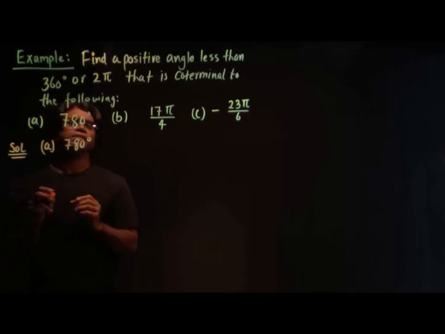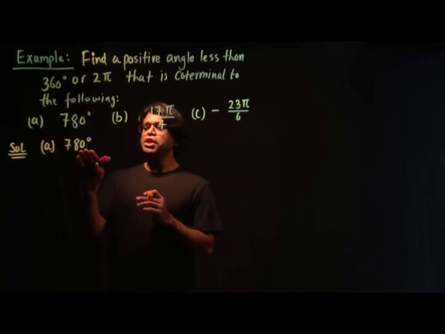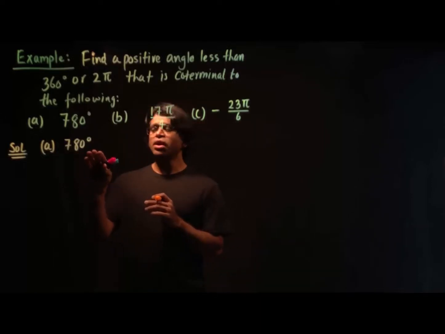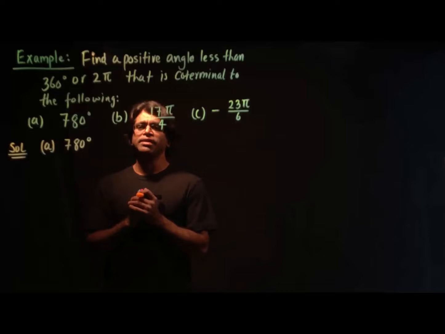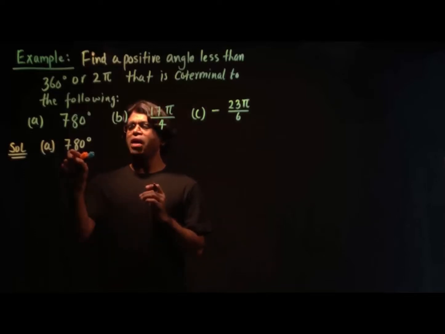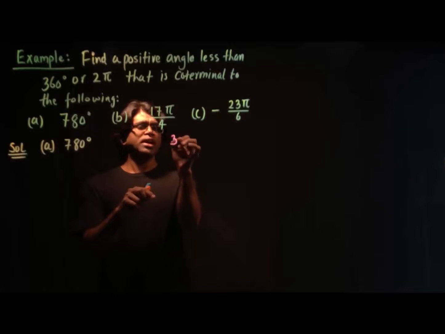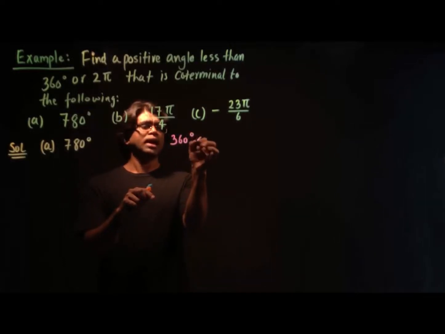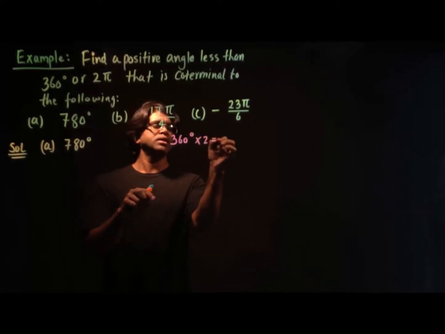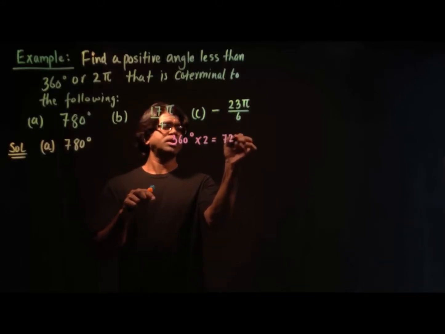780 degrees. We need to write 780 degrees in terms of a multiple of 360 degrees. So let's see how we can decompose 780 degrees. 360 degrees times 2 is basically 720.